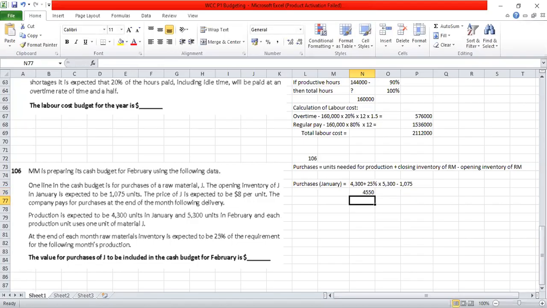Okay, 4,550. So the payment for this, the price of J is expected to be $8 per unit. The company pays for the purchases at the end of the month following delivery. So when is the delivery made? Following delivery.